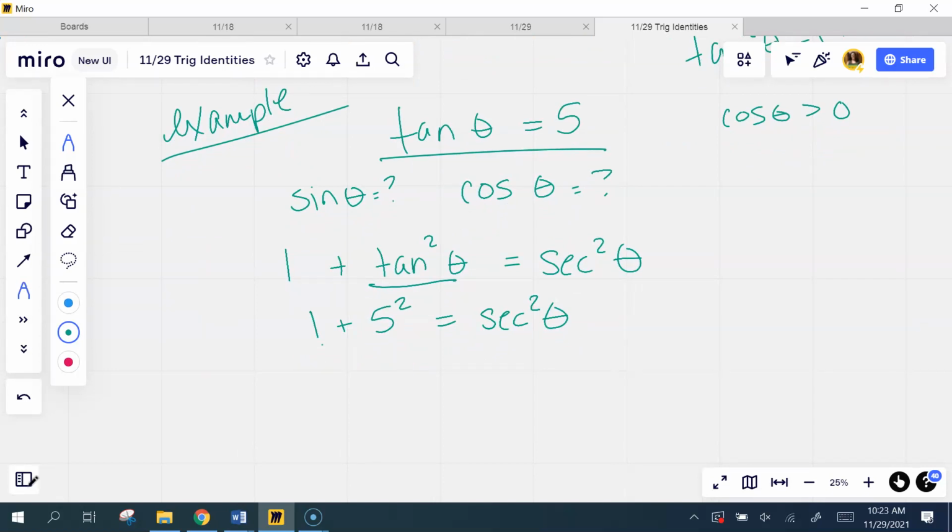Okay. So this would be 26. So what does secant equal? The square root of 26, right? So the square root of 26. Now remember, I'm in a plus or minus situation here.